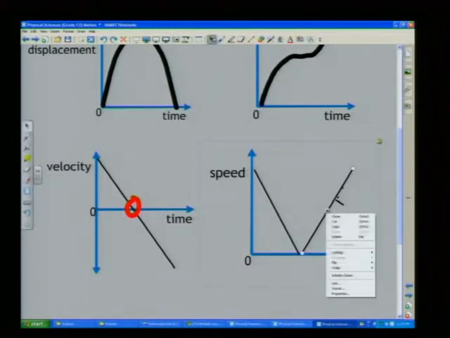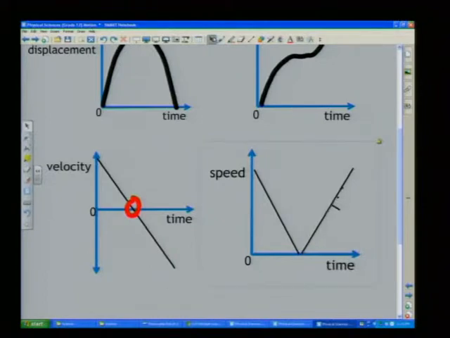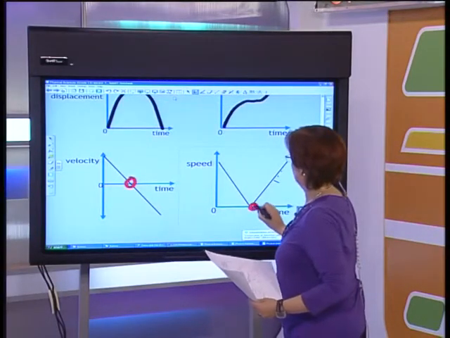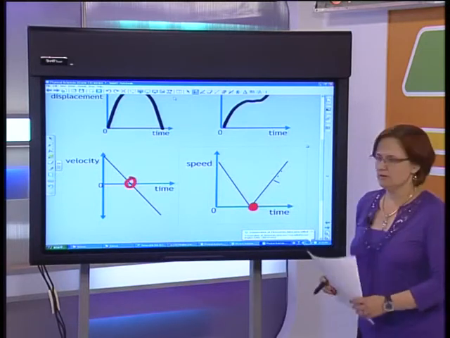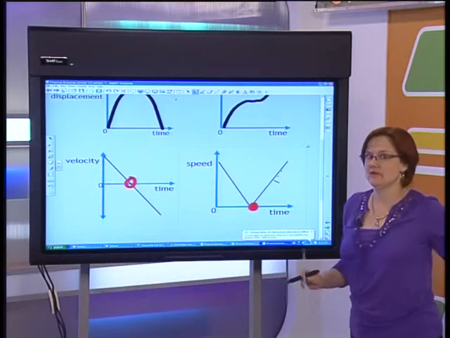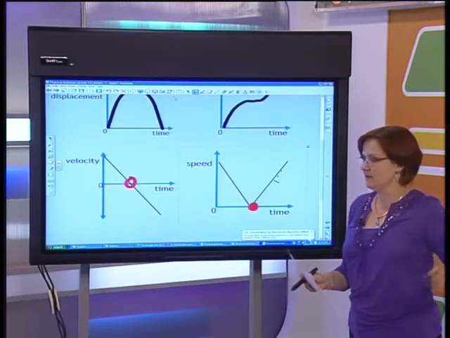There we go. Ignore all the little dots and stuff on the side. But at this middle point here, which is now one big red dot, that's when it reached the top. It stopped. Speed cannot have a negative direction at all.